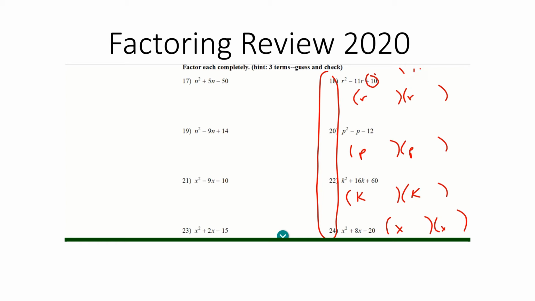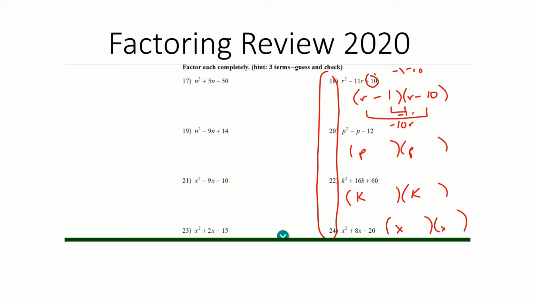Well, 1 times 10, that's 10, and they add up to a positive 11. So I could go negative 1 times negative 10, and that would give me negative 11. So negative 1, negative 10. And the other way, if you watch my other factoring video, I like to write those little brackets down there.